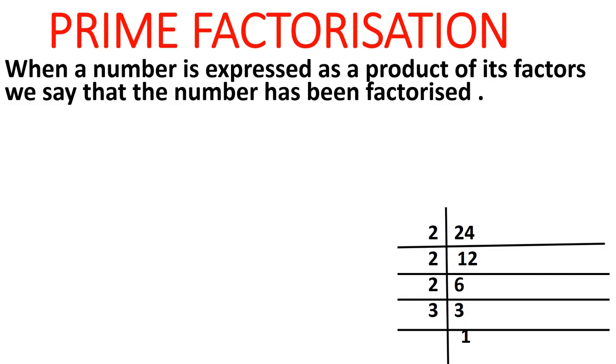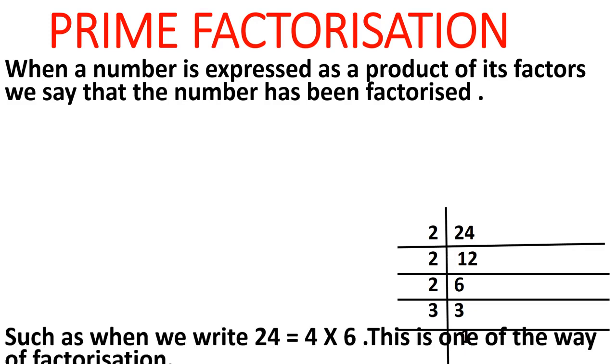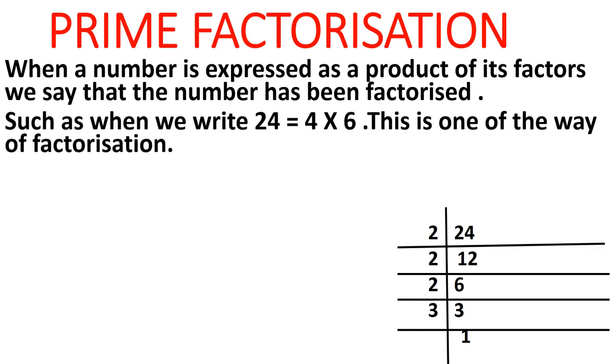Such as when we write down 24 equal to 4 multiplied by 6, then this is called factorization. 4 multiplied by 6 are the factors of 24.